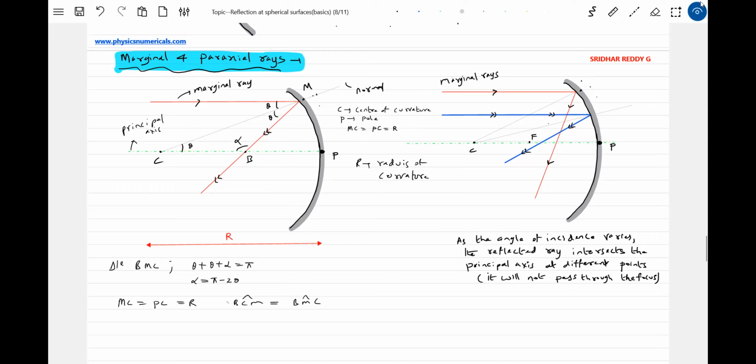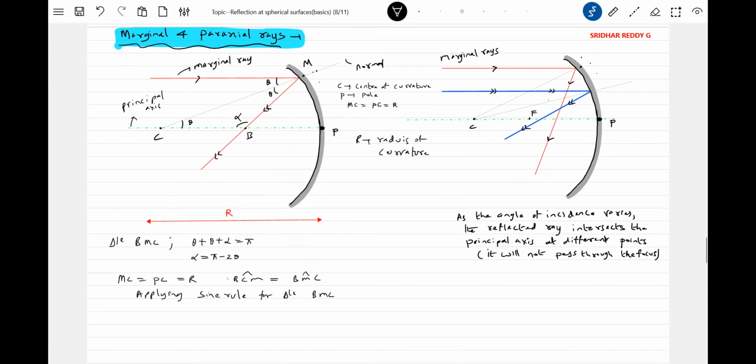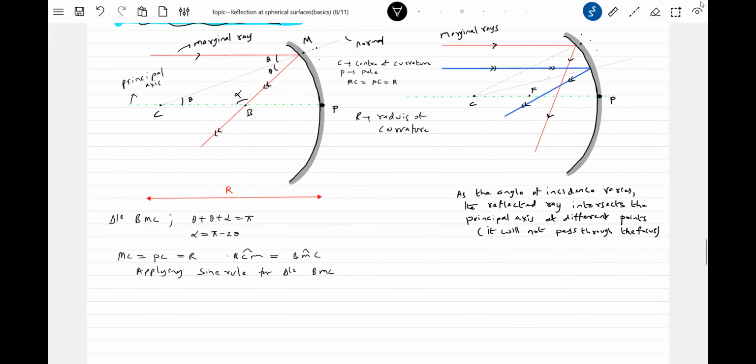Let me apply the sine rule for this particular triangle BMC. What does the sine rule tell?